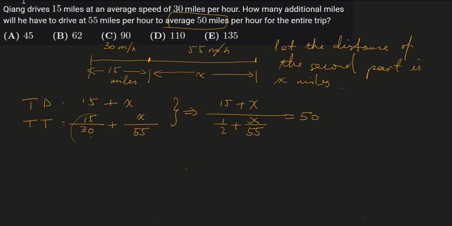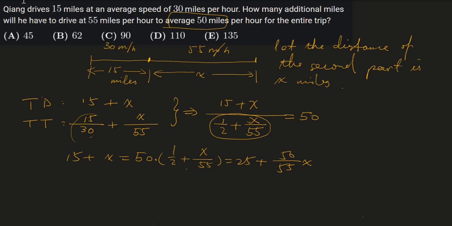Let's solve this equation by multiplying the denominator on both sides. So that's 15 plus x equals 50 times a half plus x over 55. Let's expand these brackets. So that's 25 plus 50 over 55 times x.